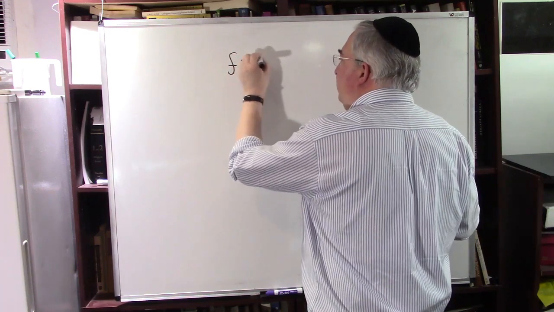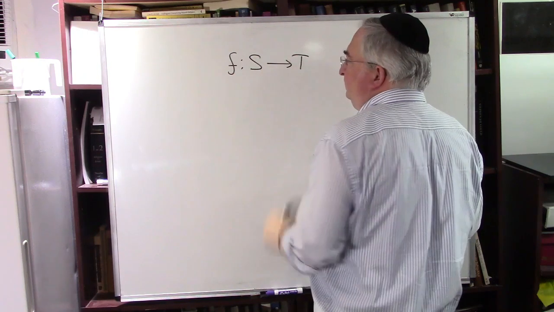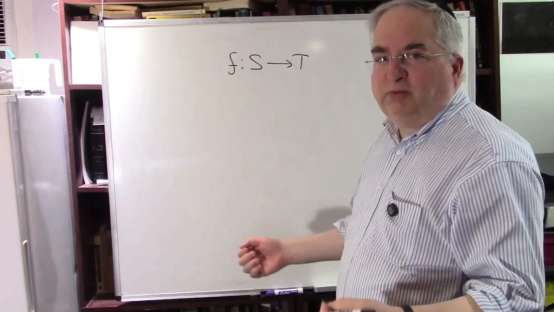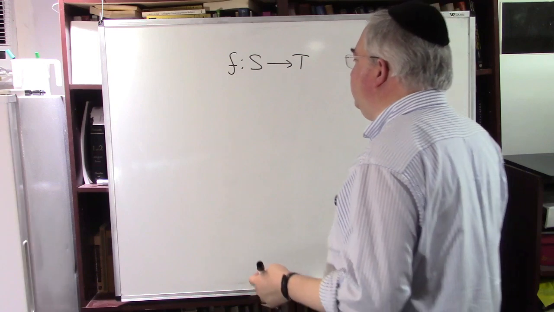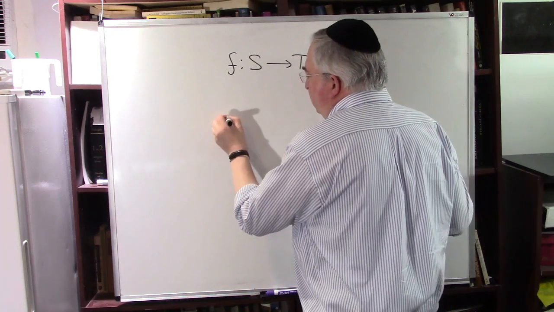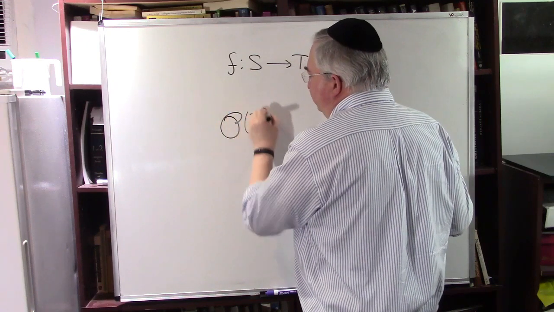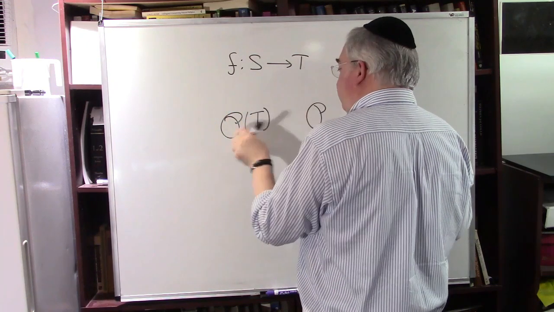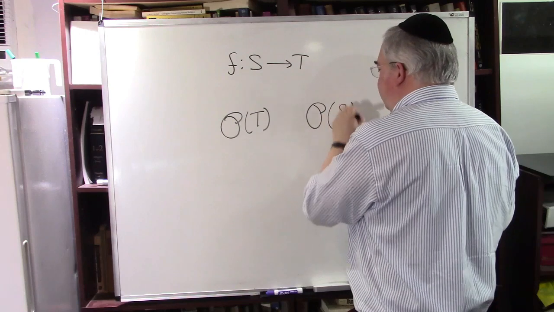Take a function from s to t. Okay? Some of this we did in chapter 1. Some of this goes back to the middle of chapter 4. Take a function from s to t. So then we can look at the power set of t and the power set of s.